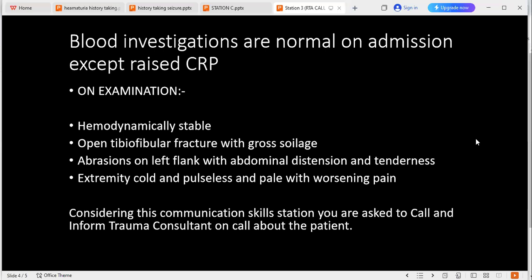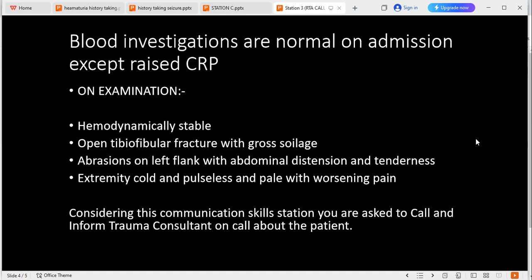I'm calling to speak to the on-call trauma consultant, to update him about a patient with tibia and fibula fracture with pulseless extremities and abdominal distension. Could I confirm that I am speaking to the on-call consultant? Yes, go ahead.